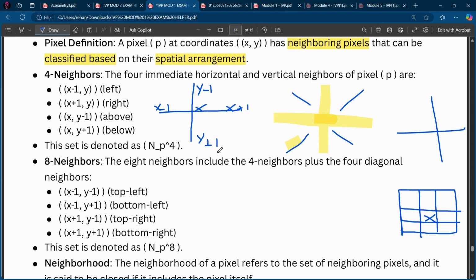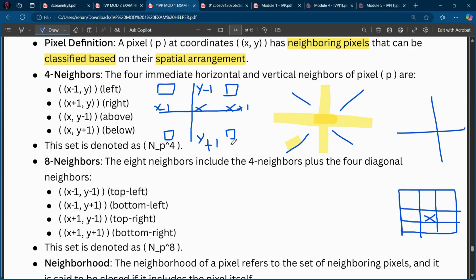If it is x minus 1 and y minus 1, it will represent this corner. If x minus 1 and y plus 1, it will result in this one. And these two, these two, and these two will result in your remaining 4 neighbors, which are explained here.